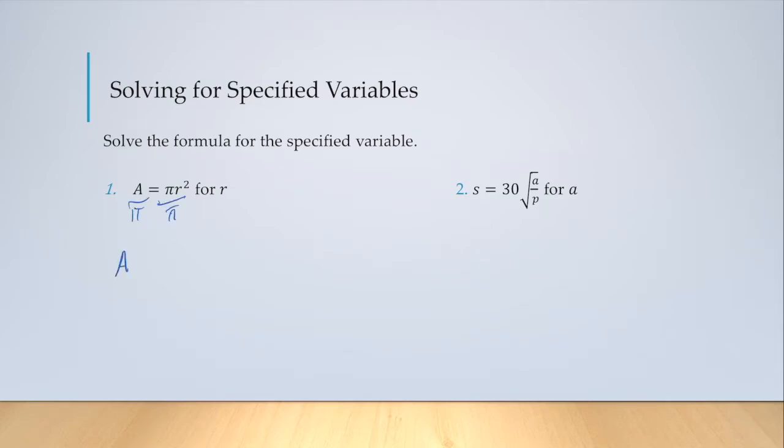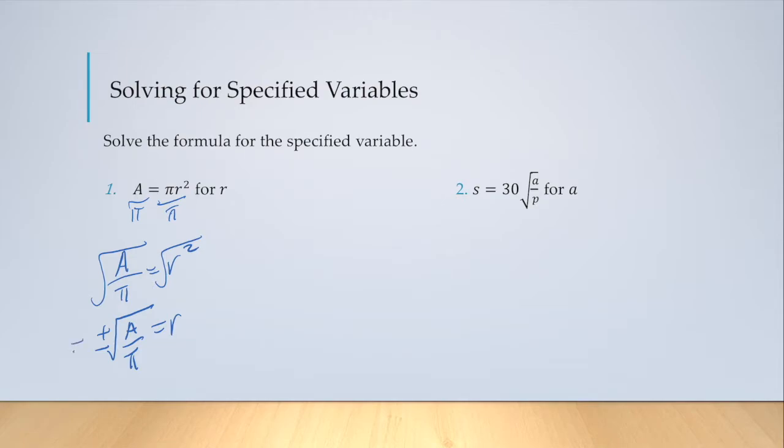So I get A over pi is r squared. And then I need to take the square root of both sides. And remember, when I take the square root of both sides, I have to take both the positive and negative square root. So I find that r is plus or minus the square root of A over pi.